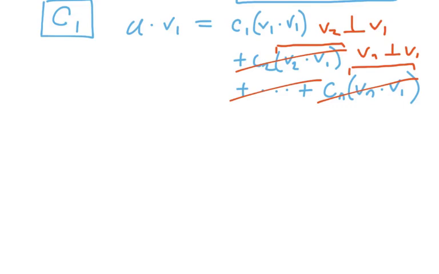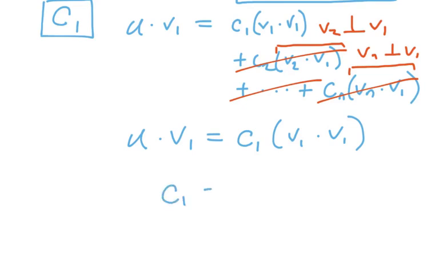So what this tells me is that u dotted with v1 is equal to c1 v1 dotted with v1. And now I'm trying to solve for c1 here. So let's just go ahead and divide by v1 dot v1.